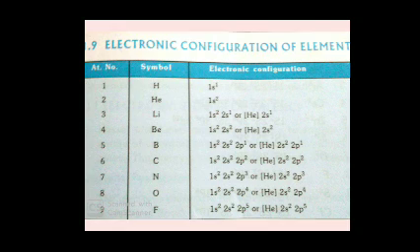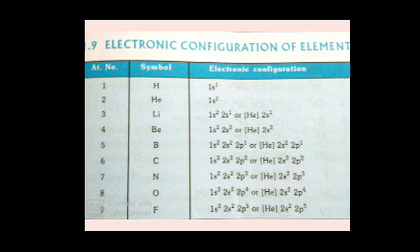So in increasing order of energy levels, we distribute the electrons in various available orbitals. Similarly, neon 1s2, 2s2, 2p6, sodium 1s2, 2s2, 2p6, 3s1, magnesium 1s2, 2s2, 2p6, 3s2.